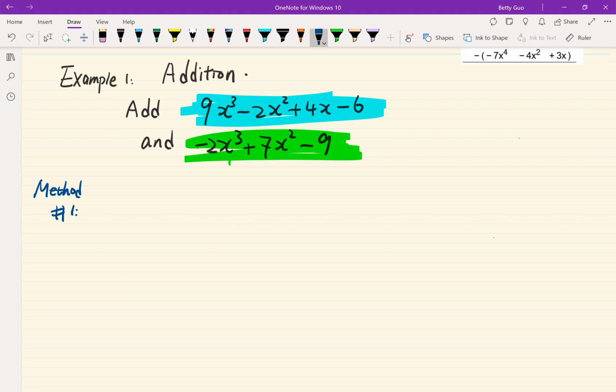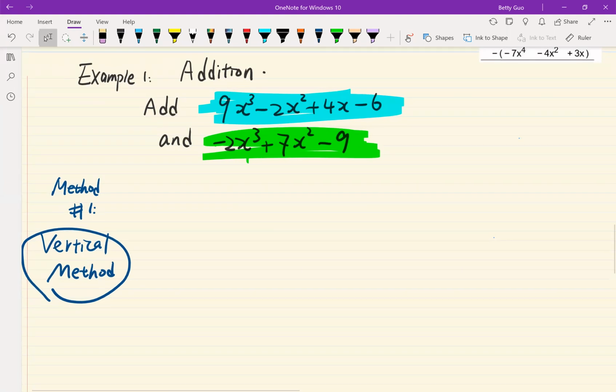The first method is called the vertical method. Let me show you the method. We are going to align the 2 polynomials vertically.